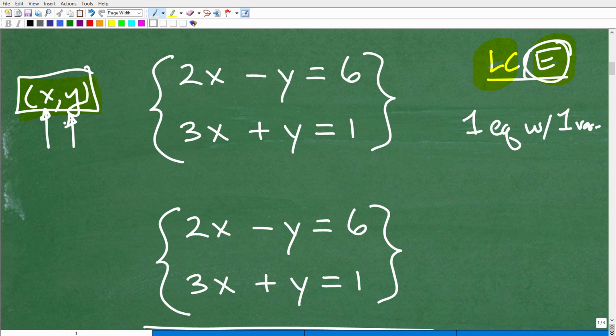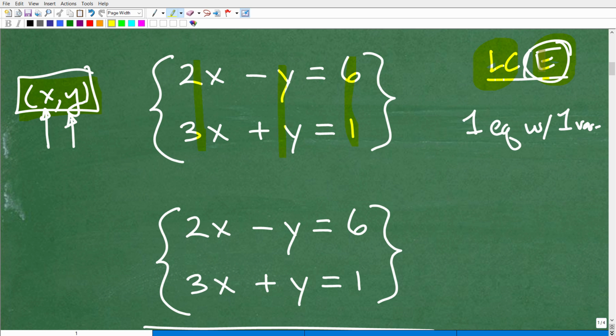When we're talking about the linear combination elimination method, one of the things that you can do is simply combine, kind of sandwich these equations together to form a new equation, which you can use to solve this system. So I'm going somewhat quickly over the linear combination elimination method.